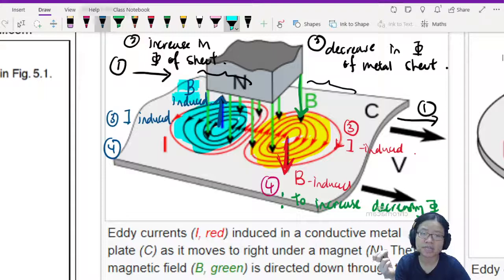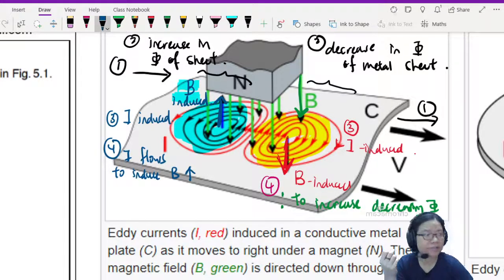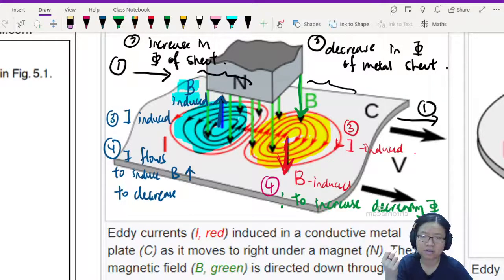So you will say that the current is induced and flows in such a way, as you can see here, to induce this upward magnetic field, to decrease the increasing flux.